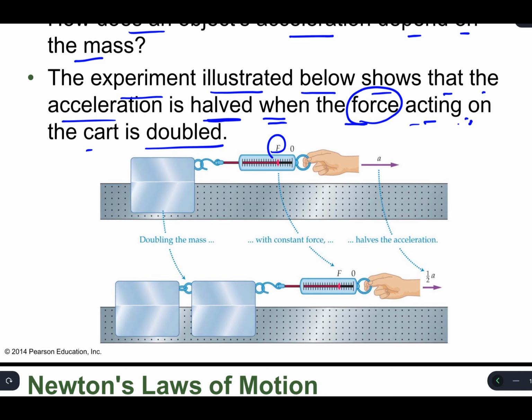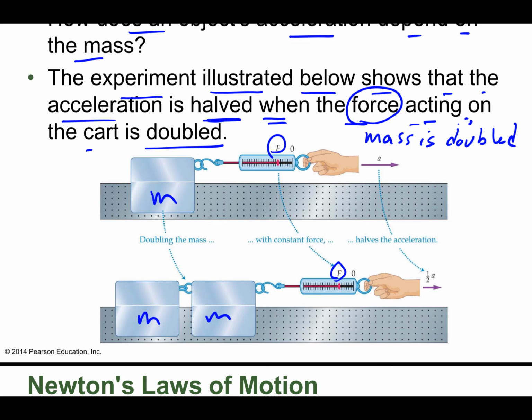The force is the same. What is doubled? The mass. So we can rewrite this sentence: the experiment illustrated below showed that the acceleration is halved when the mass is doubled. When the mass is doubled, the acceleration becomes half.